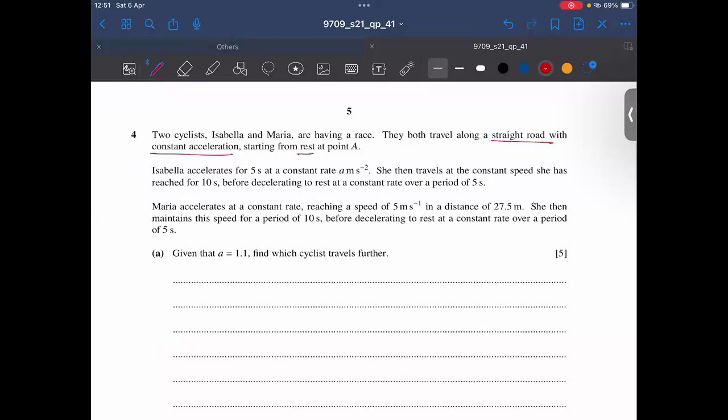Isabella accelerates for 5 seconds at a constant rate of a meters per second squared. Given that a equals 1.1, she then travels at a constant speed she has reached for 10 seconds, before decelerating to rest at a constant rate over a period of 5 seconds.